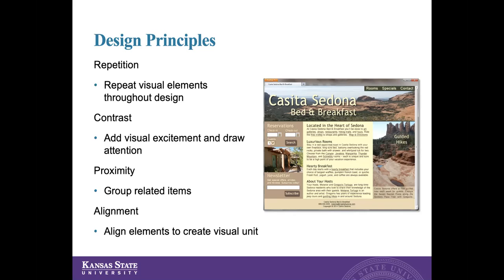It lets people know that they're in that site. It keeps them feeling a little bit safe because they know they're not jumping around to different sites, and it's easy for them to navigate if you keep those elements consistent.